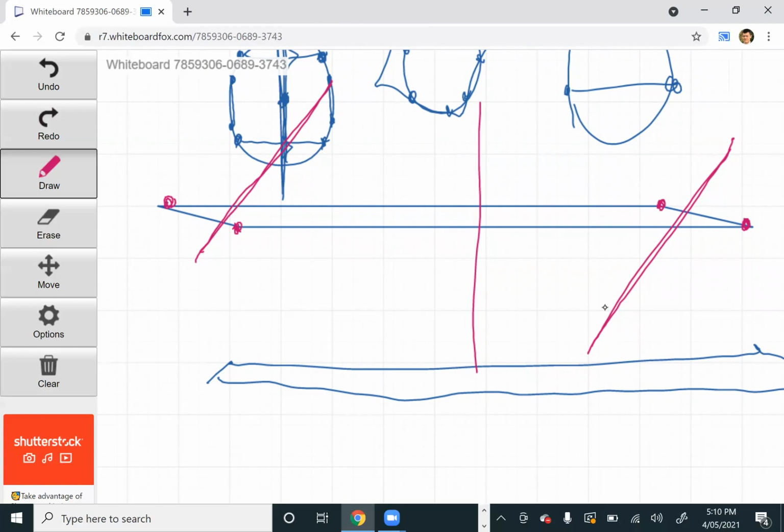Actually, you could chord bash this too. Oh no, I don't like it. Because it might give you a good way to express what it means to be far apart. Because it's like quadratics or something, and it has to have two solutions.